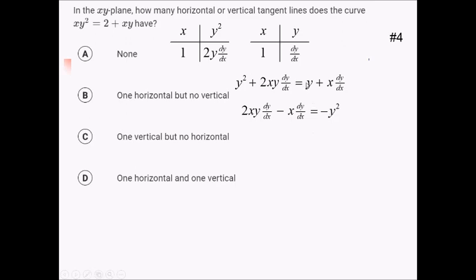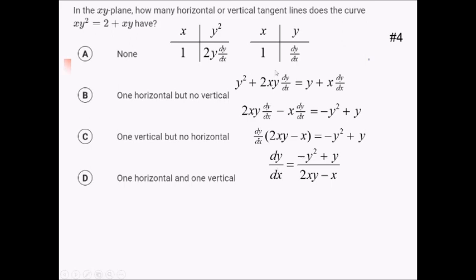And this y was already there, so we're just going to say plus y. At this point, since I only have dy over dx on the left, I can factor it out. That leaves me with 2xy minus x inside the parentheses. And then if I divide by that, I get dy over dx equals negative y squared plus y over 2xy minus x. Okay, well, that was step one, just find the derivative.